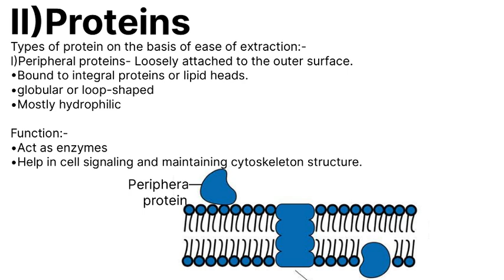If we talk about their functions, we already know that some proteins act like enzymes, so these perform enzymatic activities. These peripheral proteins also play a crucial role in cell signaling and maintaining the cytoskeleton structure by acting as connectors, messengers or structural anchors just beneath or outside the cell membrane.